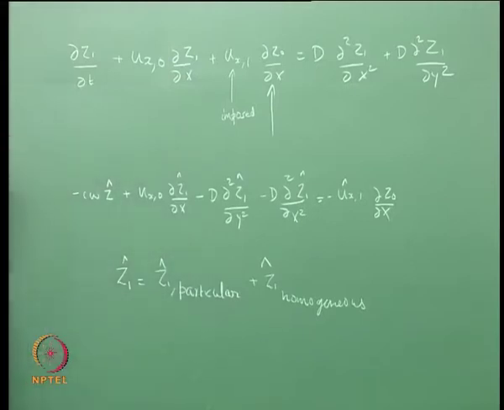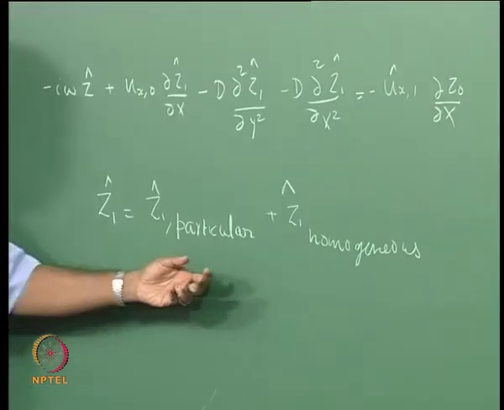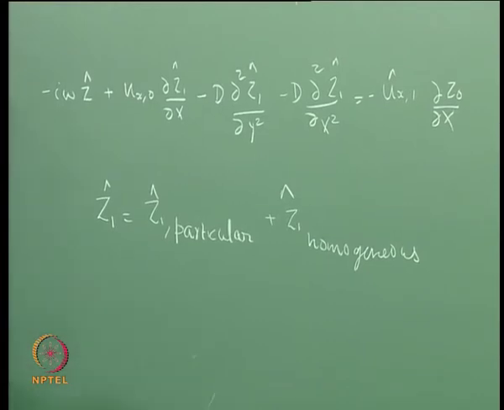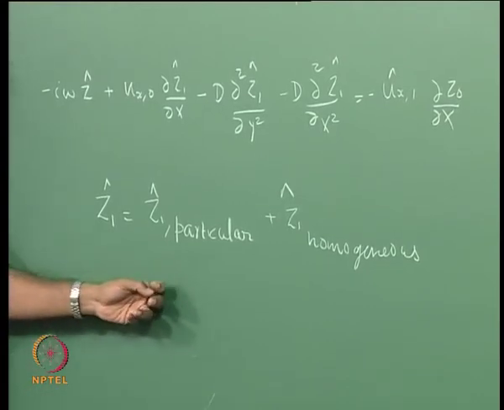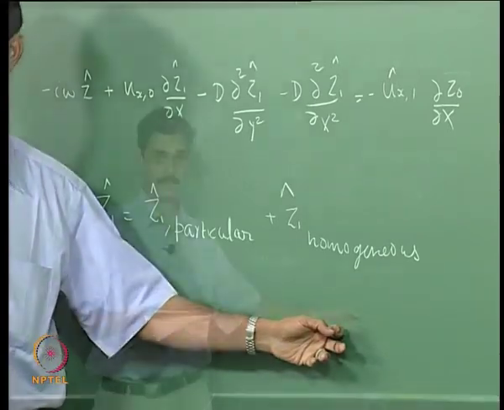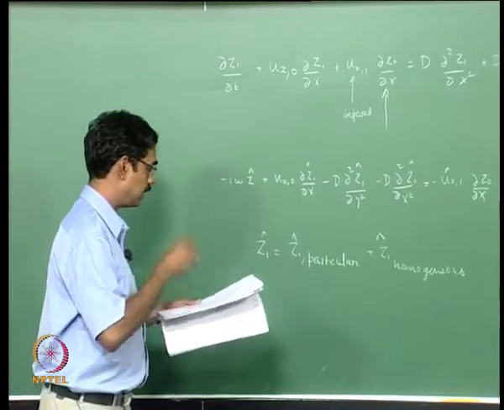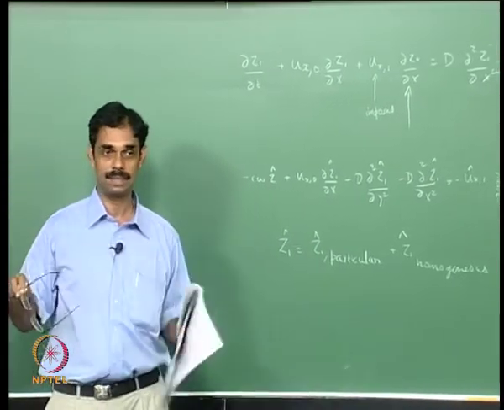The solution will have two parts: a particular integral and a homogeneous integral. So we will first solve for the particular solution, and then we will solve for the homogeneous solution. That is a standard technique in differential equations. There are several methods by which we can obtain it.